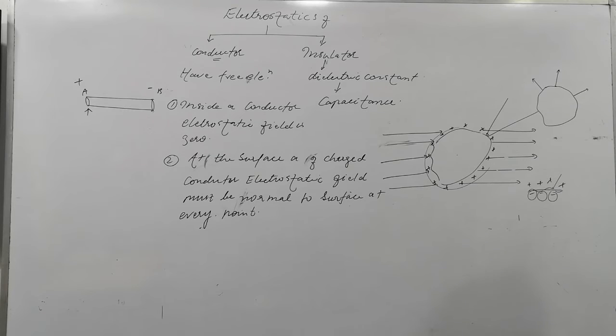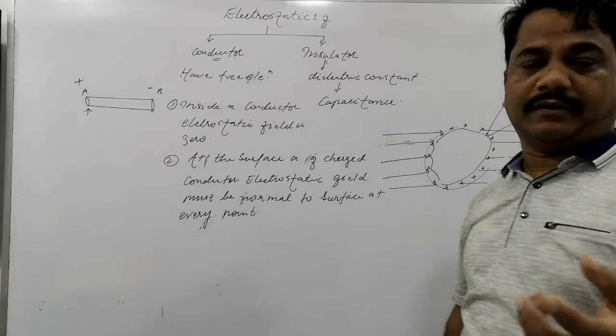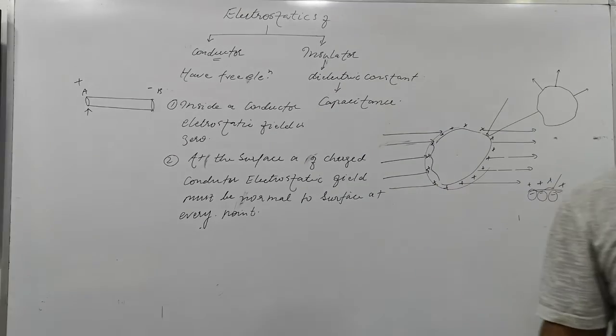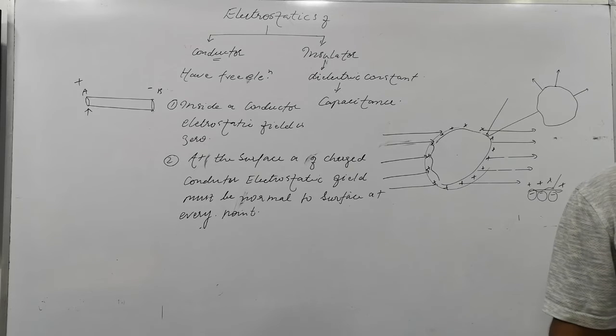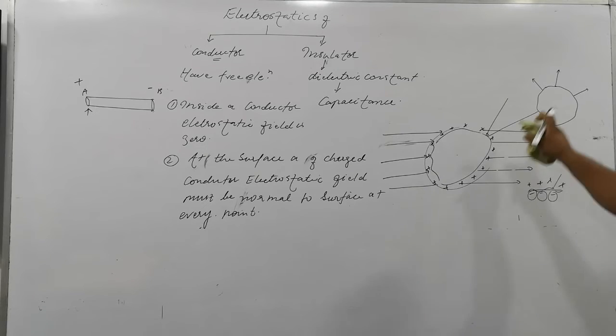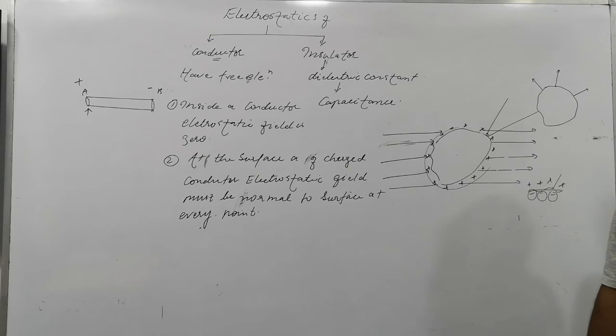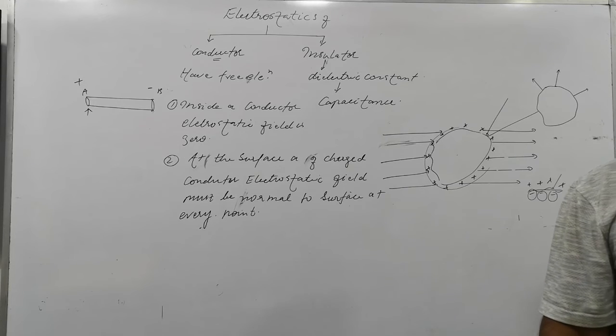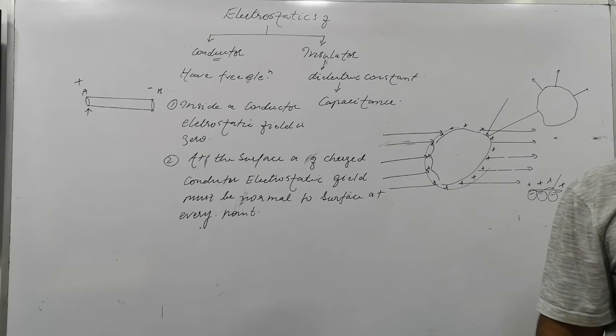What is the electric field? At a point the electric field, the flux is contributing; flux is actually responsible for the electric field intensity strength here, and the surface will have its own normal, and all the flux which is going in the direction of the normal will contribute to the field here.